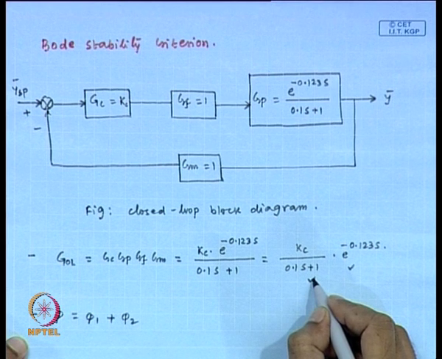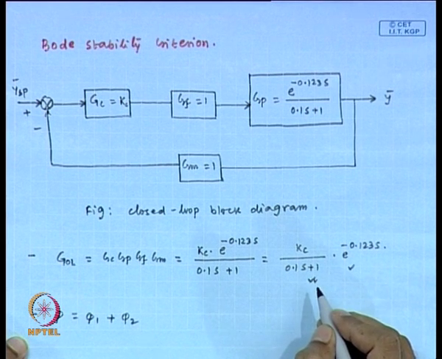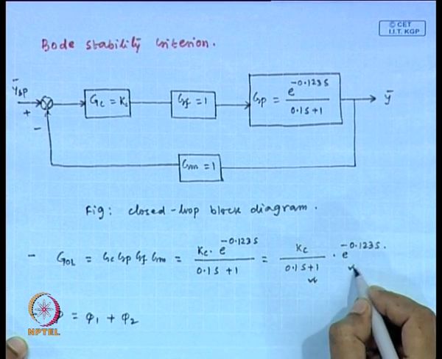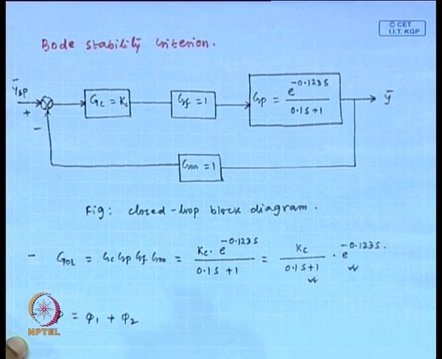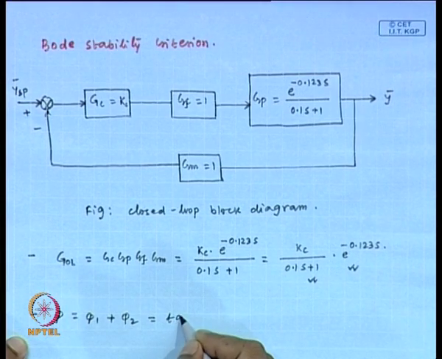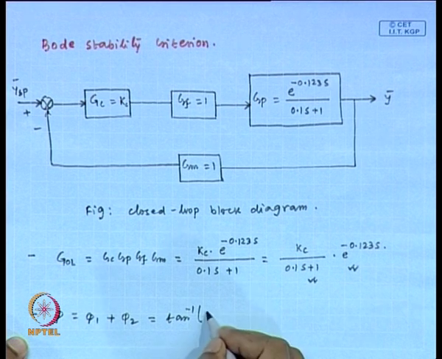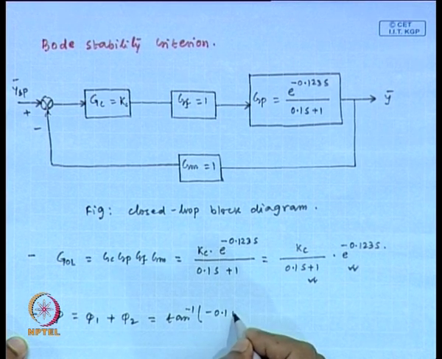This is representing the first system, and this is the second. How much will this be? For a first order system, we know phi is tan inverse of minus tau omega. So, tan inverse, how much is tau? 0.1 omega.